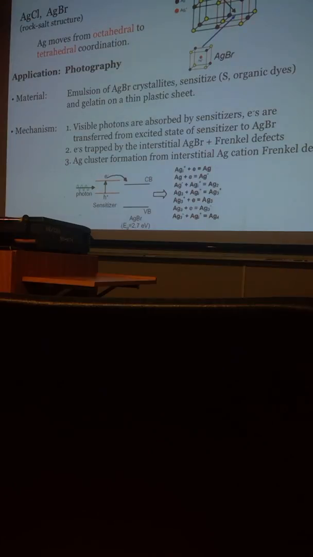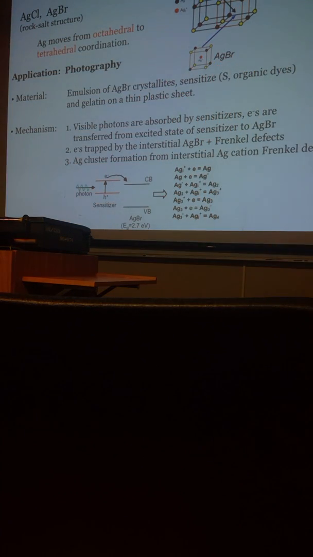Size-wise, which one is a larger void, octahedral versus tetrahedral site? Just looking at it, we have a fairly large octahedral site, but the tetrahedral site is much smaller. If you go back to the 170 textbook, I don't remember which chapter, probably chapter 3, take a look at the size of the tetrahedral site versus the octahedral site.